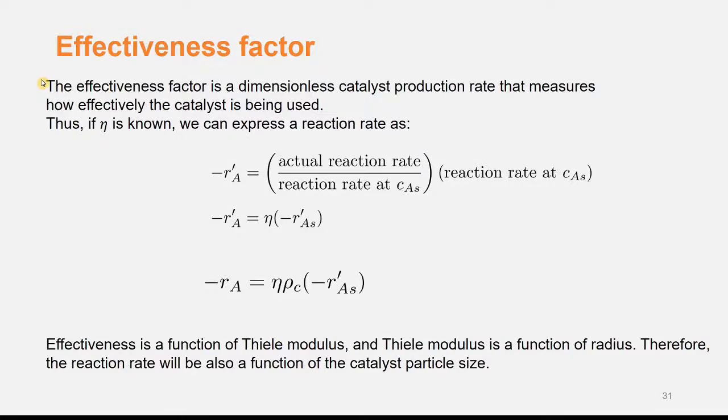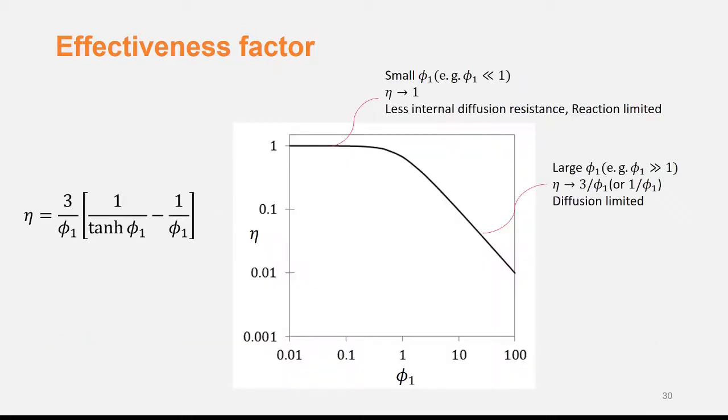Now, since the effectiveness factor eta measures how effectively the catalyst is being used, we can use it to calculate the actual reaction rate from the surface rate. So instead of solving the second order differential equation to get the concentration profile and then integrating to get the total rate, we can calculate the Thiele modulus, which for a first order reaction is very simple.